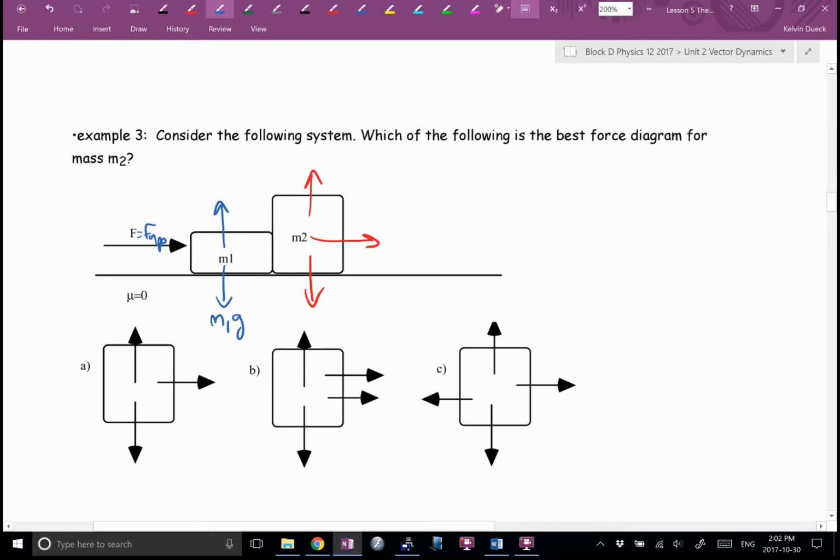A little normal force. Let's come back to this. Let's do one with numbers.